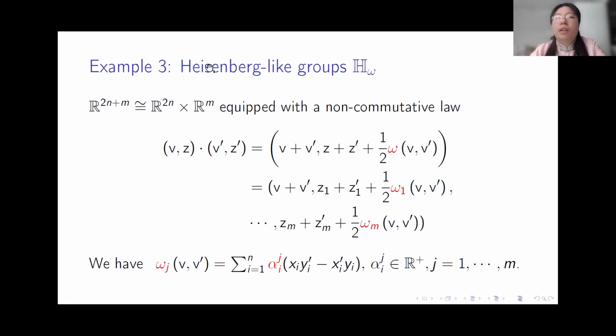In a similar manner, you can look at the extension of the non-isotropic Heisenberg group, which we call a Heisenberg-like group. So here, the dimension of the center is greater than 1. But in each direction in your center, you can write it in a very similar form as in the non-isotropic Heisenberg group.